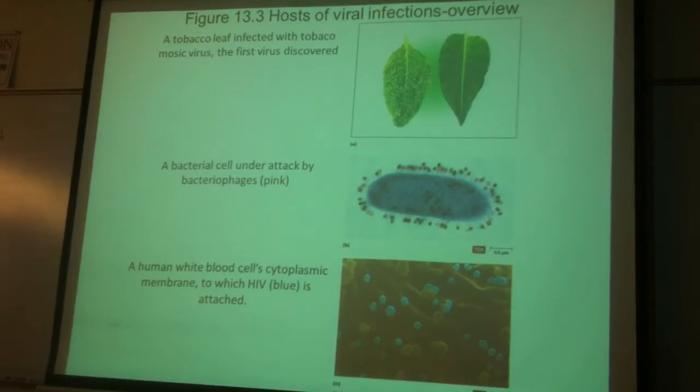I like this because it showed just some different types of viruses. Tobacco mosaic virus was the first virus discovered. Tobacco is useful not just as a tobacco product. A lot of biotech and research is done in tobacco because they have these nice big leaves.